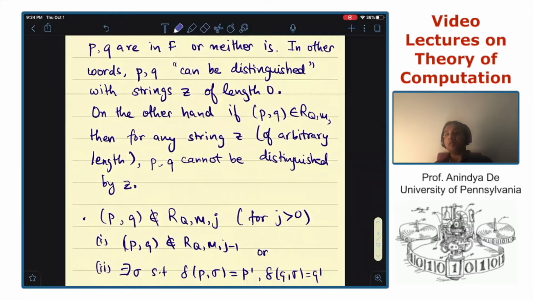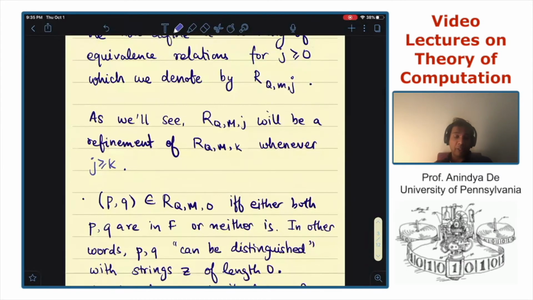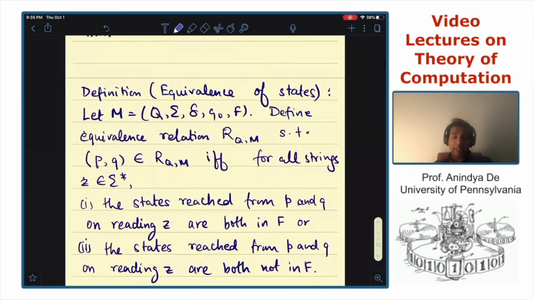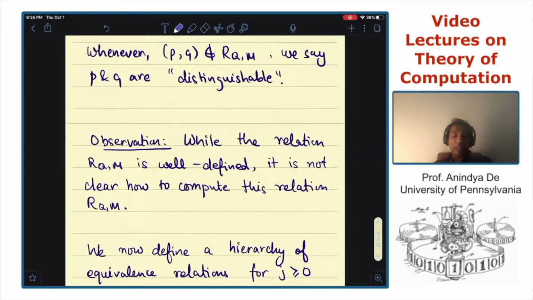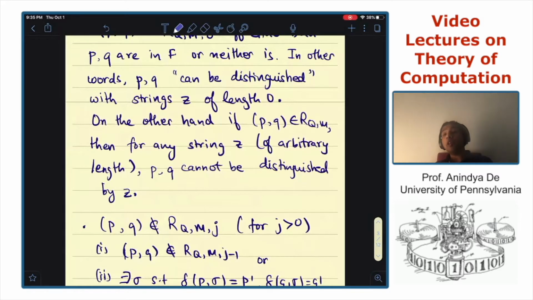Now that we have seen the definition of R_{Q,M,0}, let me just mention why our choice of nomenclature. Observe that when you say P, Q is in R_{Q,M}, the equivalence relation we defined here, it means no matter how long a string you choose, P and Q cannot be distinguished.